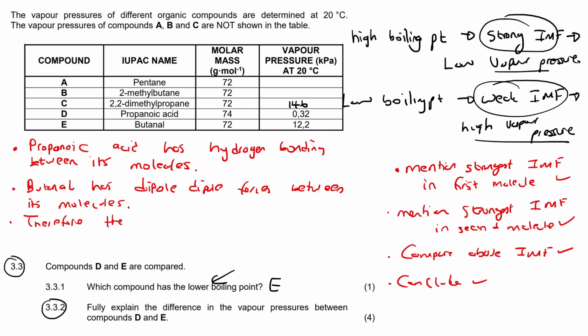So even though this one has hydrogen bonding, this one might still have had the stronger intermolecular forces because it's slightly longer. But because they gave us the vapor pressures, we can read off and actually see who has the stronger and who has the weaker intermolecular forces because of these relationships up here.